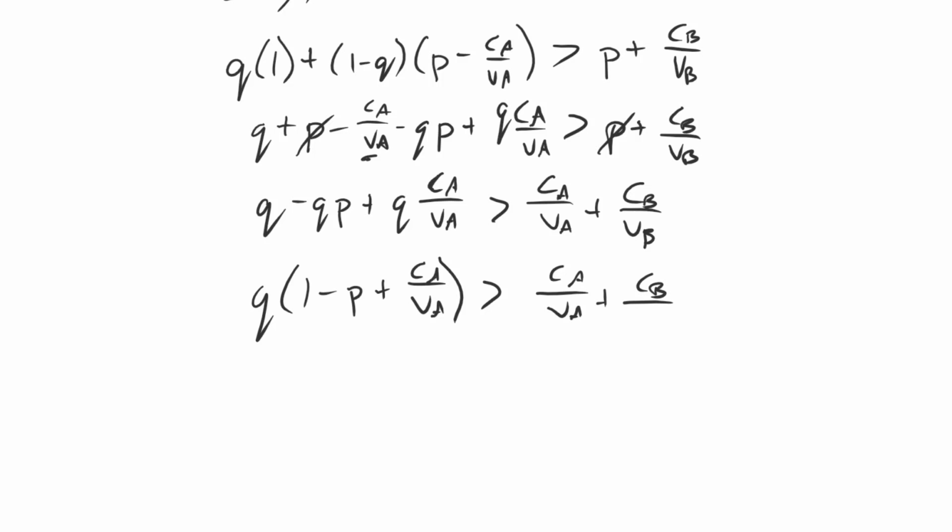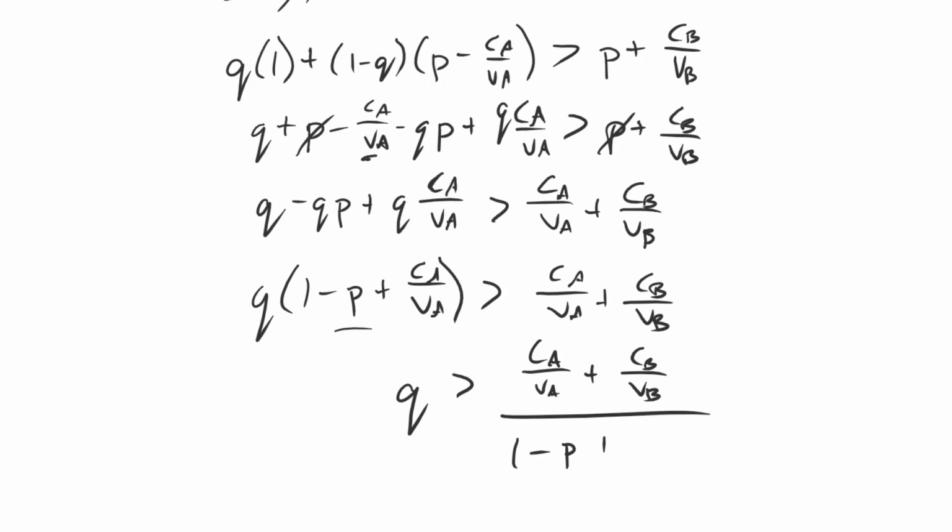And we are just about ready to solve for this now. So if we look at this quantity inside of the parentheses, 1 minus P is always going to be at least 0, and CA over VA is always a positive value. So that means everything inside of the parentheses is positive. We don't need to flip the inequality when we solve for Q, and what we get is CA over VA plus CB over VB divided by 1 minus P plus CA over VA.